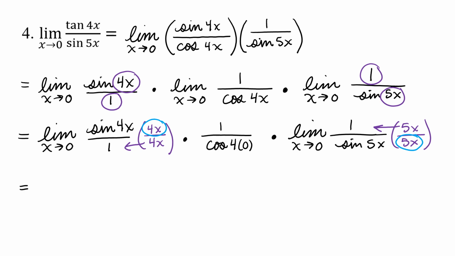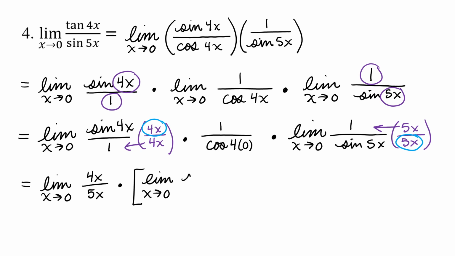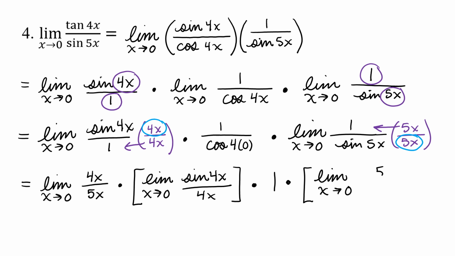So now let's pull out some pieces of this. So we have the limit as x approaches 0 of our extra 4x over our extra 5x times the limit as x approaches 0 of sine of 4x over 4x times 1 from our 1 over cosine of 4 times 0 times the limit as x approaches 0 of 5x over sine of 5x.